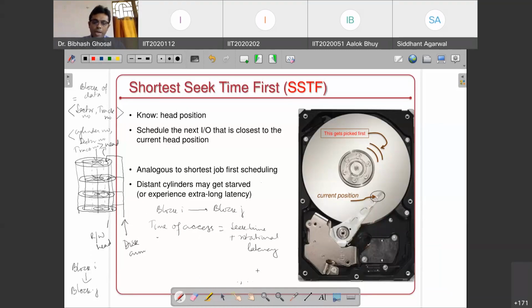Both of them will add up to my total amount of time for my disk access, just from moving from one block to the other.